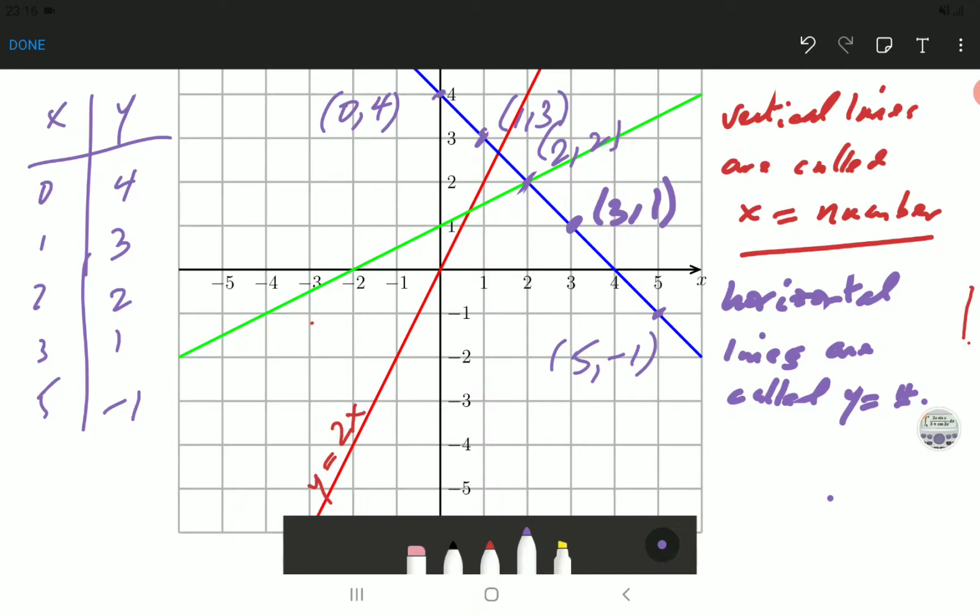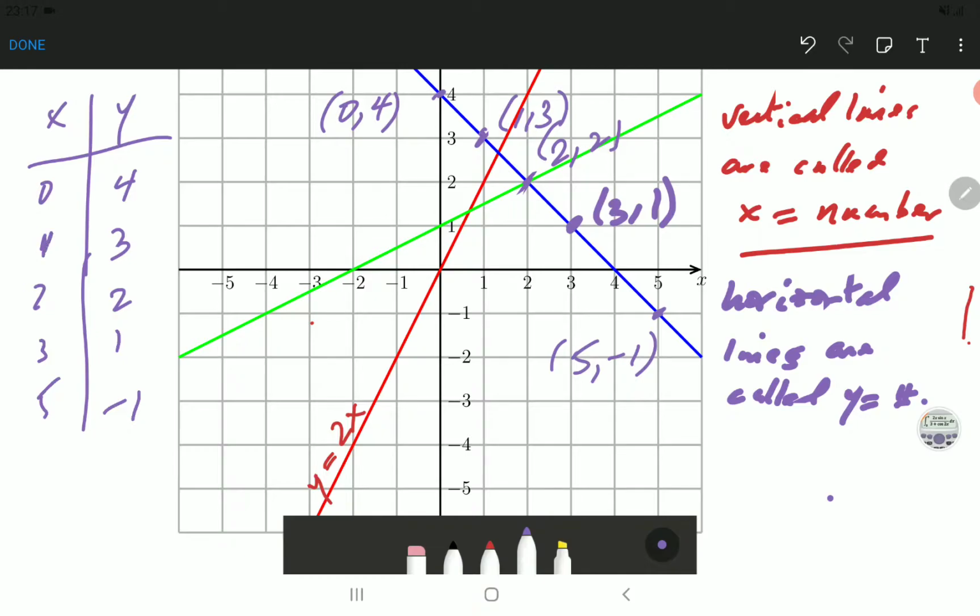So again, the question is, how do you get the y from the x? Sometimes it's a matter of whether we can find any pattern.